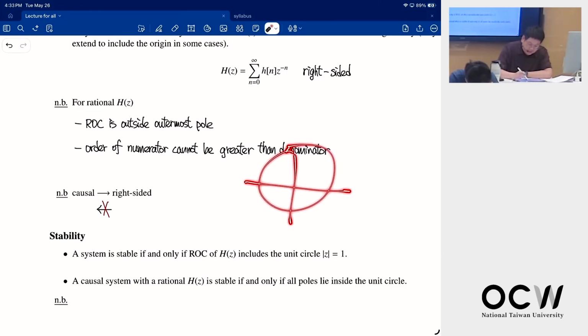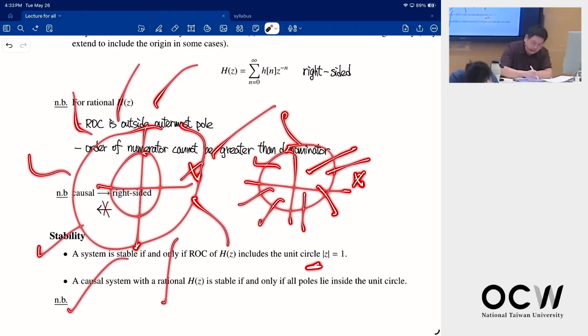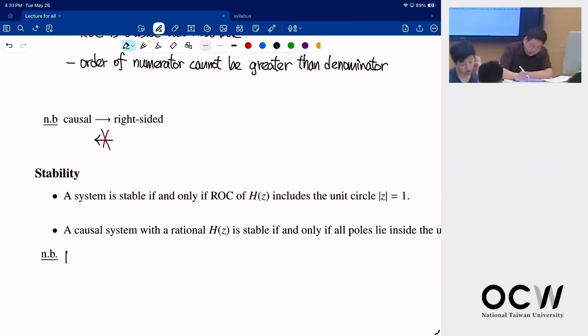Because for stable, I need to include the unit circle, and also I need right-sided. If I have a pole here, then at least I need this one, and this is a unit circle, I cannot include that. So all the poles should be inside the unit circle, right? Because still remember, the region of convergence is outside the outermost pole.